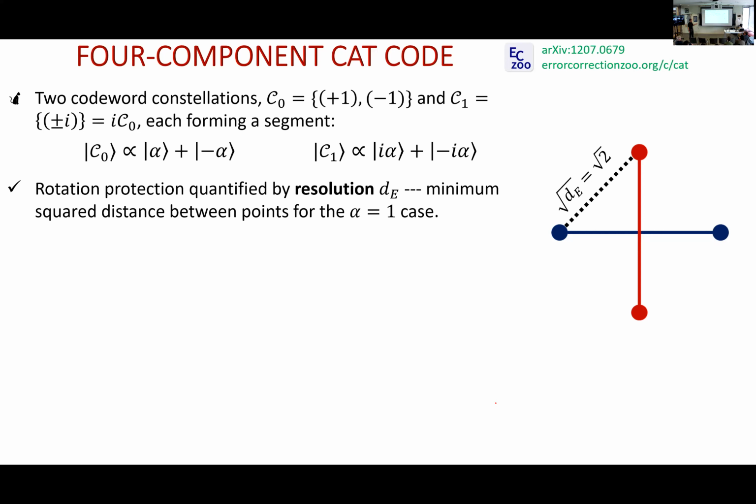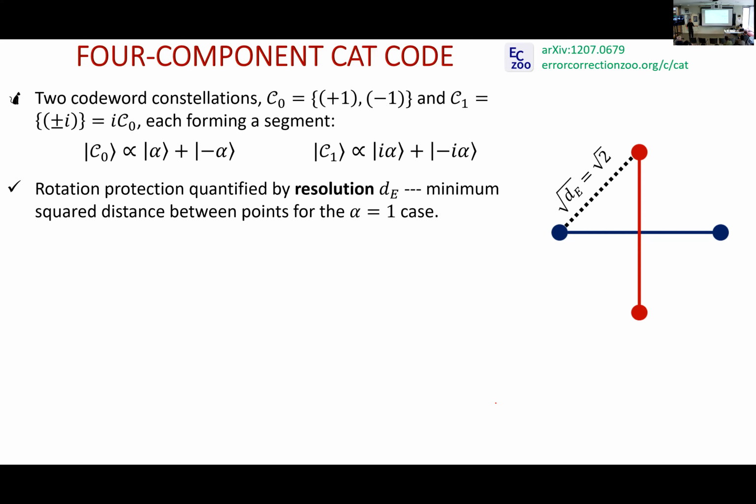You can quantify it by fixing alpha to be 1 for convention and just looking at the minimal distance between 2 points. I'll call it the resolution, because if you remember coherent states, the closer they are, the worse you can resolve them. The farther they are, the better you can resolve them. So this distance for fixed radius quantifies how well you can resolve them at alpha equal to 1. And so this protects against random rotations, and the protection is quantified by this resolution. In this case, it's 2.